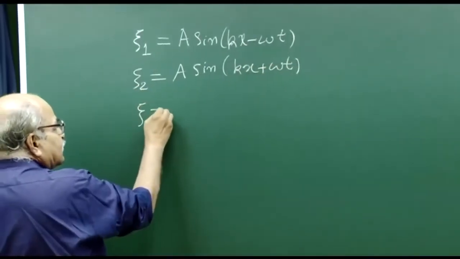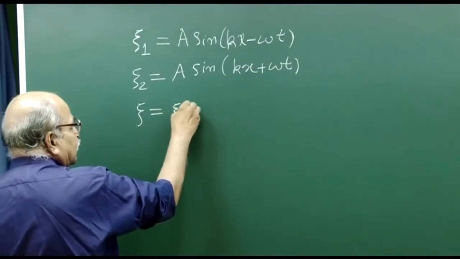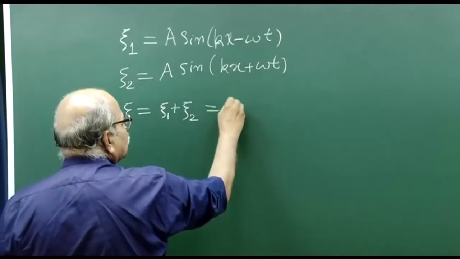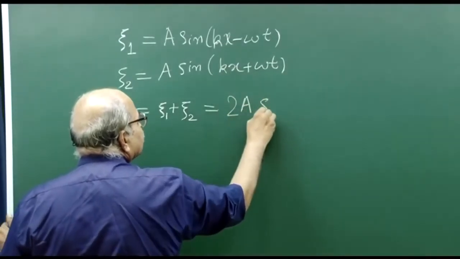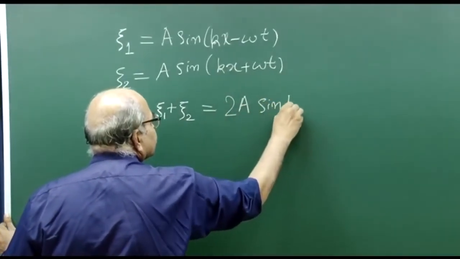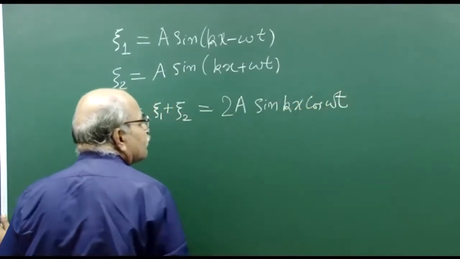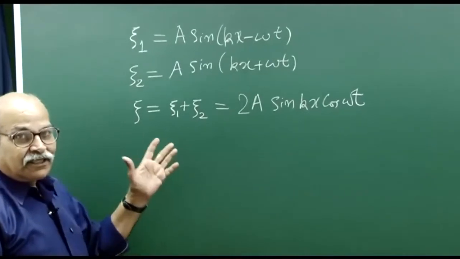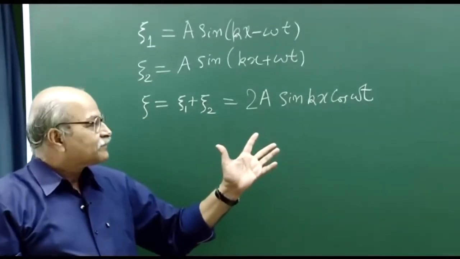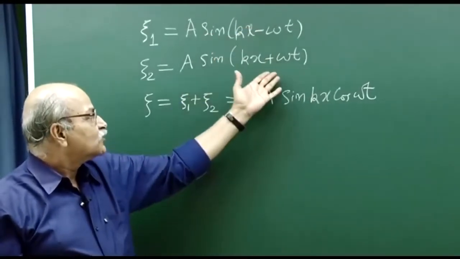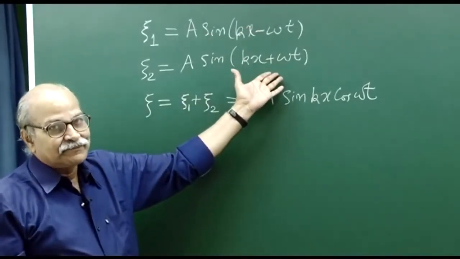So, the net is the sum of these two, and that will be, adding these two, 2A sin kx cos omega t. Now, there is a very special thing about this. It contains two waves, one going in the positive x direction, another going in the negative x direction.